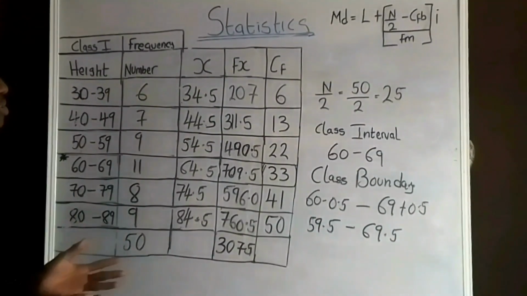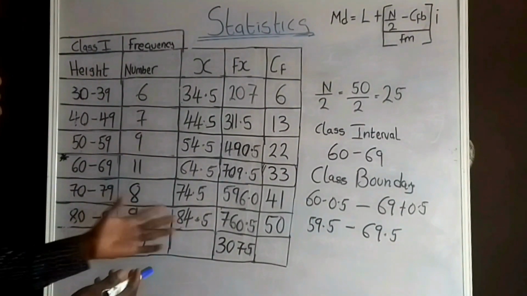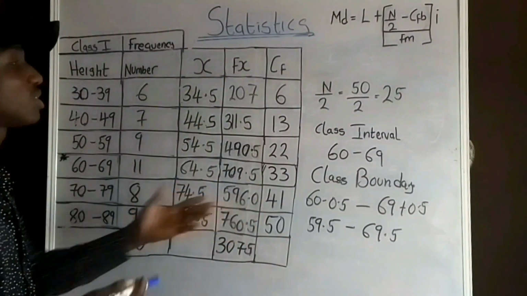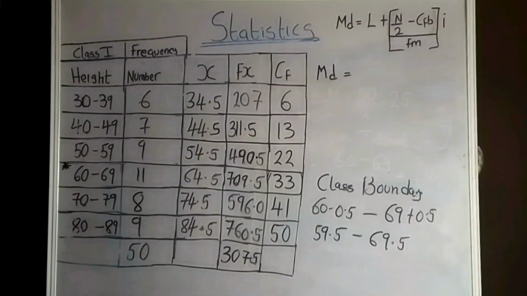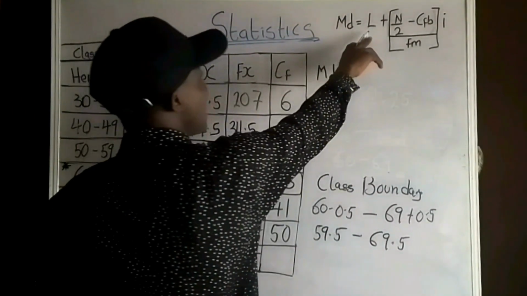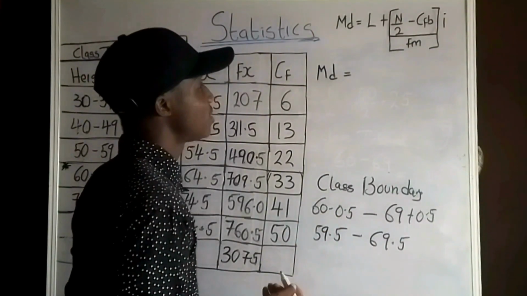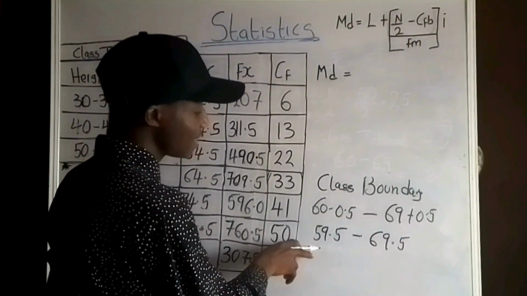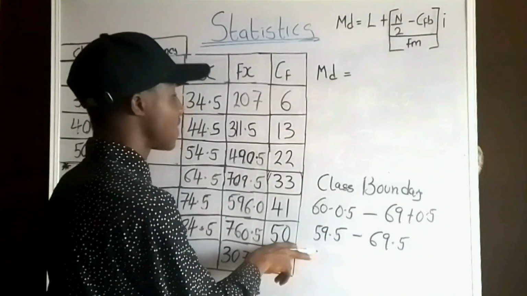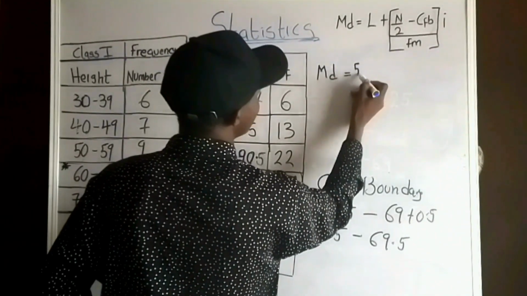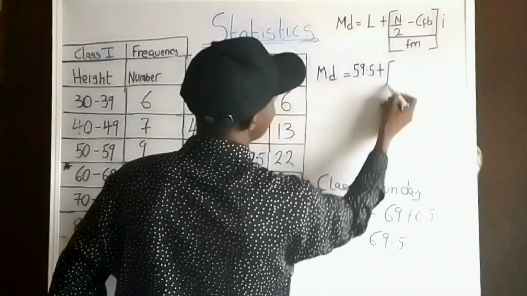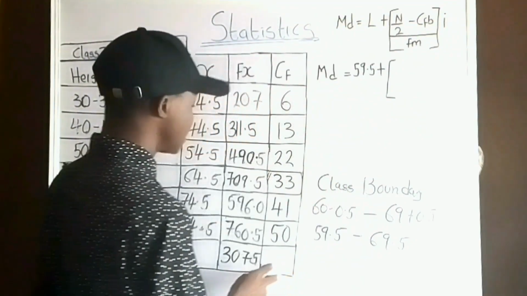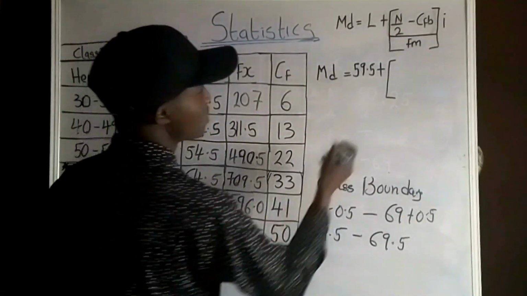Now, after getting the class boundary, we can proceed to calculate the median by substituting all the parameters that we have already gotten into this formula. Therefore, the median is equal to, don't forget that L is the lower class boundary of the median class, and the lower class boundary of the median class is 59.5. So I'm going to have 59.5 plus n over 2. Don't forget that n is 50, and 50 divided by 2 is 25.